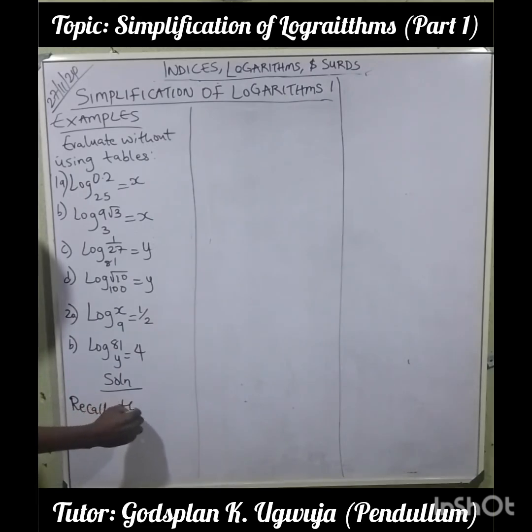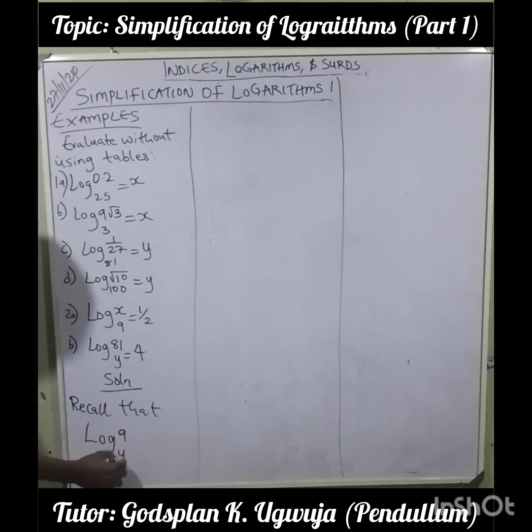Recall that if we have something like this, log a base y equals x, and we are changing this to indices, it's going to give us y raised to the power of x is equal to a. Always remember this.